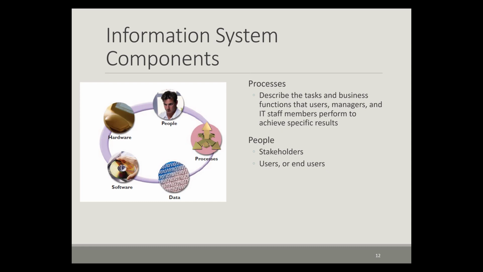And last one, we talk about people. The people who are related to the information systems are stakeholders. For example, we talk about the executives of MUIC. They may want to see the performance of each course, and how many sections we open for this term, something like that.